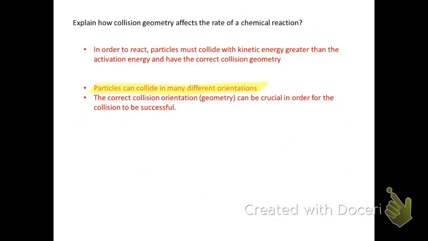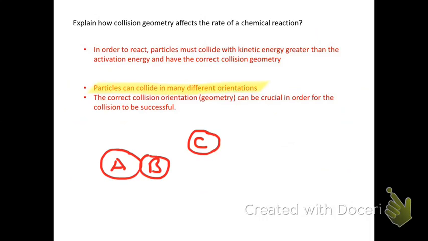All right, so let's draw a diagram here. Let's pretend that we have a compound AB, and it's going to react with compound C. If C collides in the right way with AB, a reaction could occur.